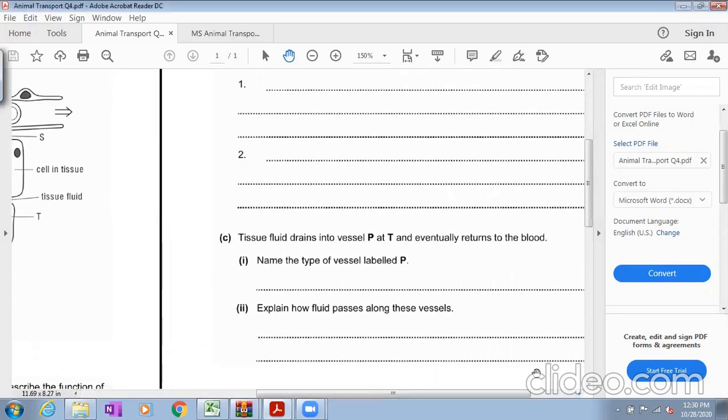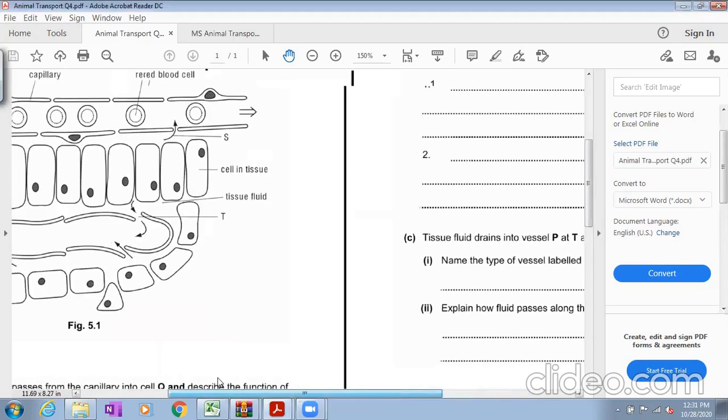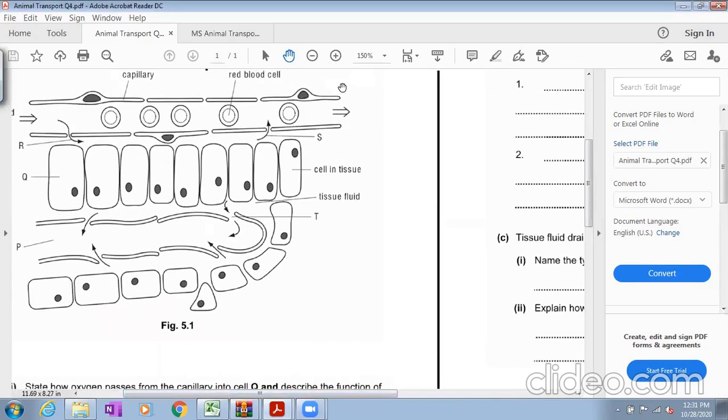Another point: explain how fluid passes along this vessel. The first thing is, between the cells of the lymphatic vessel you can see there are gaps, right?